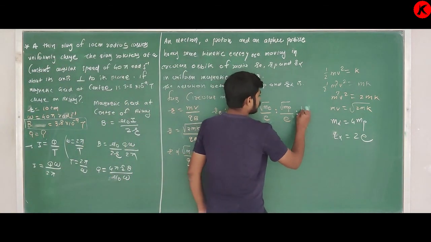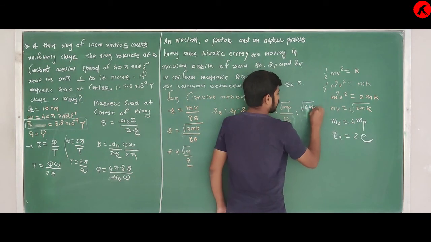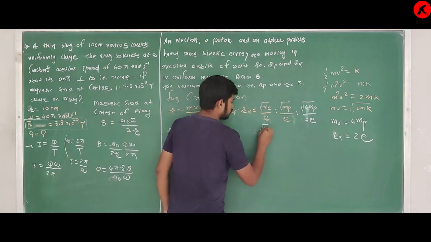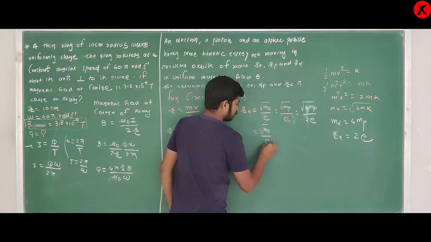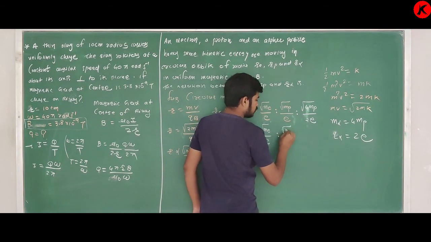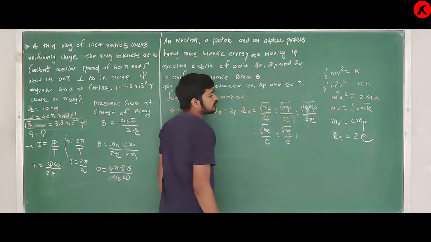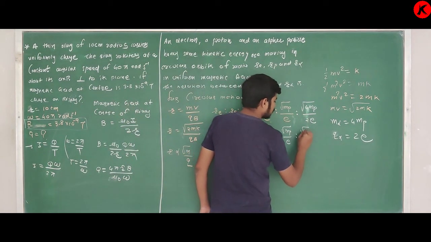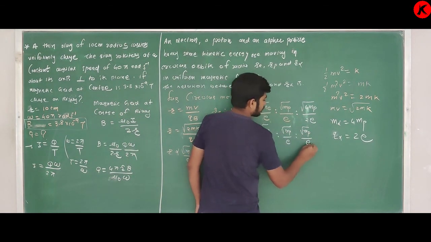So it is under root 4 m p upon 2e. Under root of 4 is 2, and this 2 cancels out, so it is under root m p upon e.